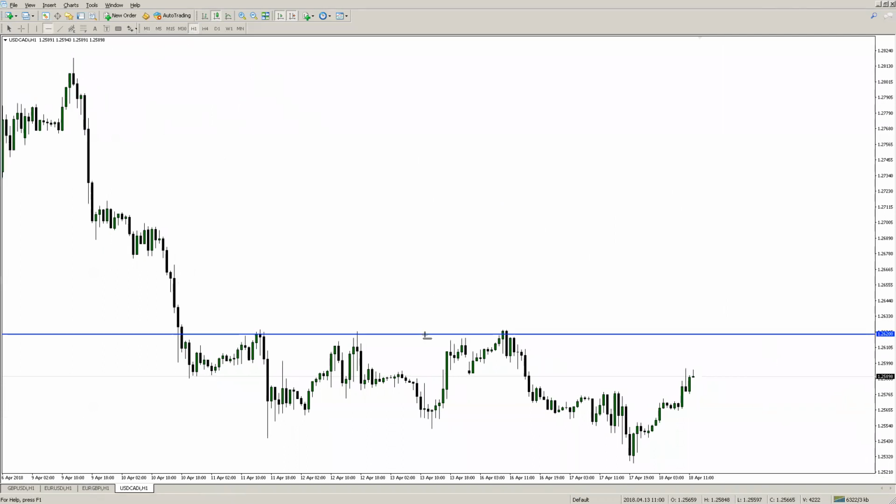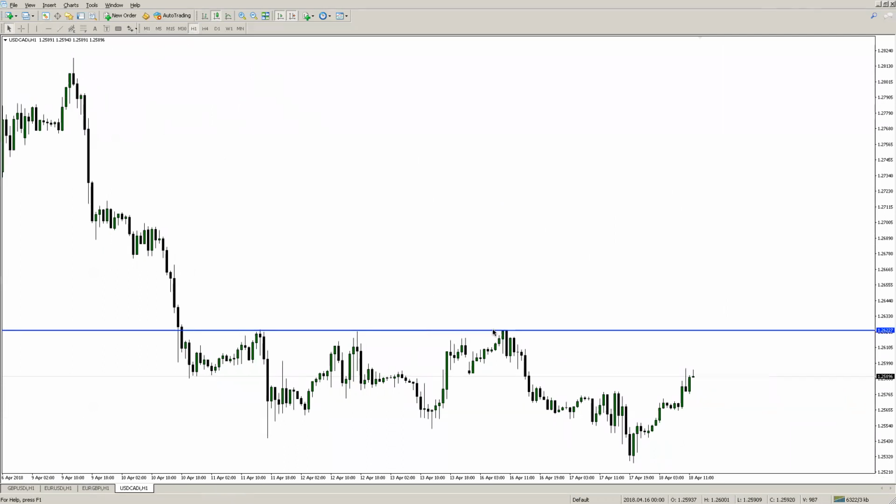For this pair, I'm honestly expecting them to want to come above these highs. So whether they come above these highs and hold it, so they could push up above here and close on a strong bullish candle, get a retest, show us some bullish price action because they're buying here.